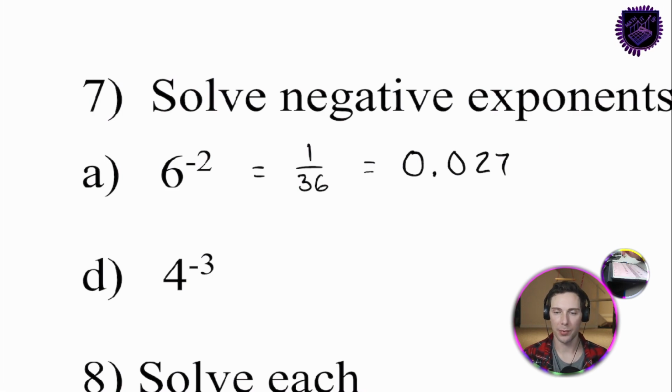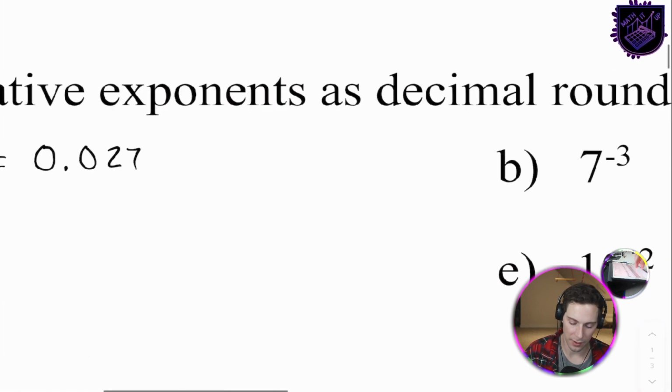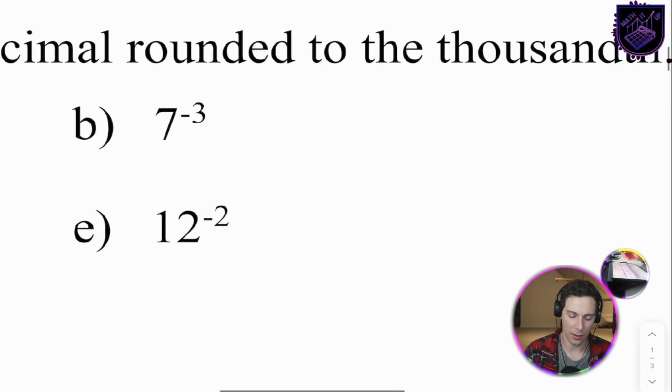You can also skip that part and just do the division, like 1 divided by 36 on your calculator, if that's easier.